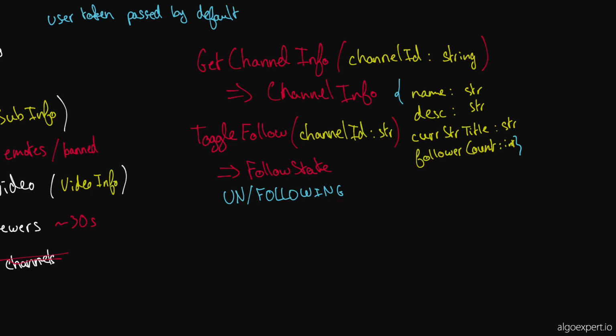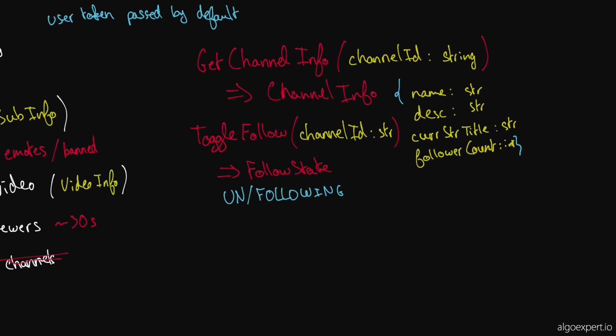Now, one thing to note is that this endpoint here, toggle follow, does not yet cover how we will know which button to display on the UI for the user. In other words, at this point, we don't know if a user is following and therefore should be shown the unfollow button, or whether they are not following and therefore they should be shown the follow button.